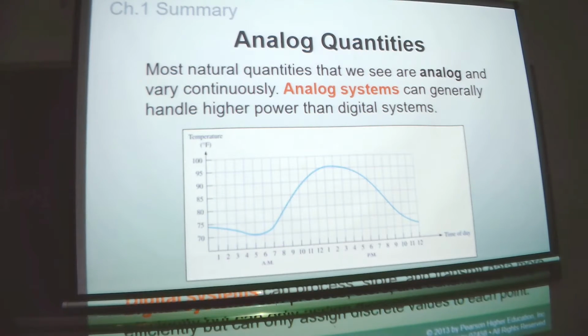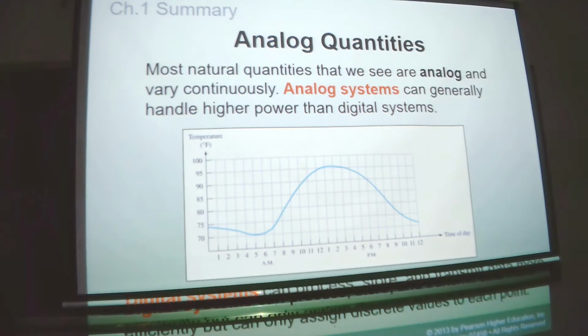So if we want to distinguish an analog signal and a digital signal, we should pay attention to the value. If the value is continuous, they are analog signals.